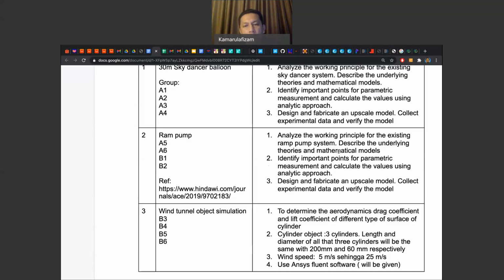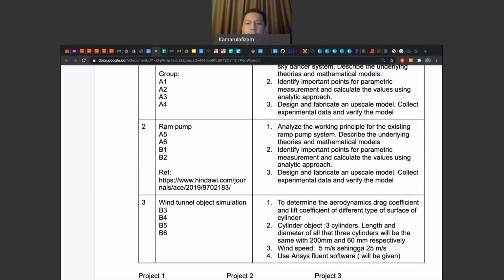And then again, if you can come to the lab, you can fabricate the model and collect the data. Sorry, number 3, we are going to number 1 and number 2. Basically, you have to select the existing ram pump system, the existing dimension. You can work on the analysis of the existing system.